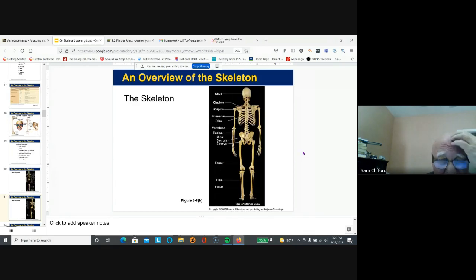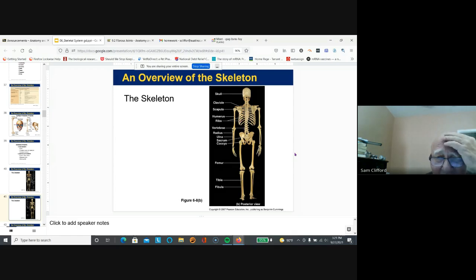Here's the posterior view of a skeleton. We'll focus on femur, tibia and fibula, humerus. We'll talk about the scapula, the clavicle, and so on.